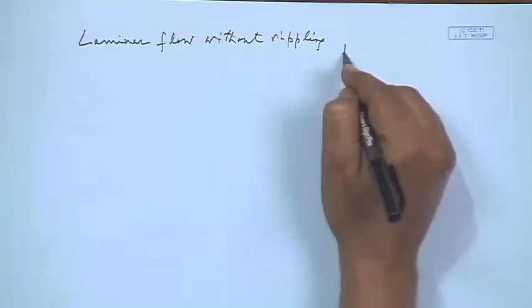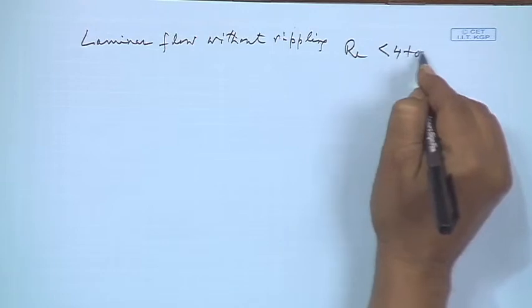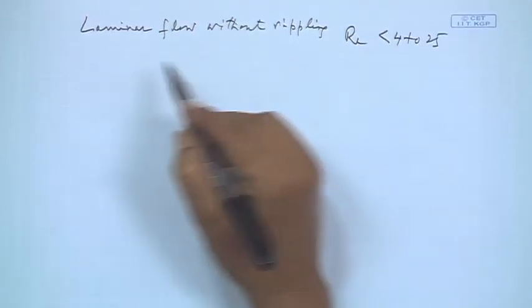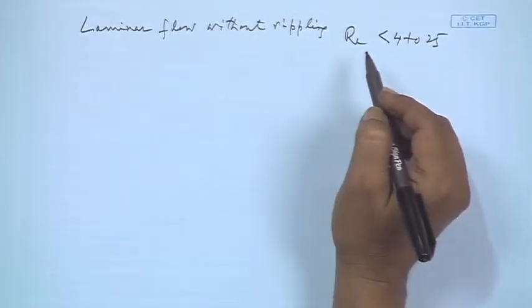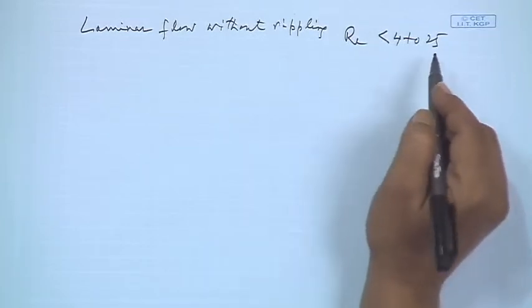So you have to keep in mind that with rippling means there is a wavy form in the flow. For laminar flow without rippling, Reynolds number is between 4 to 25.